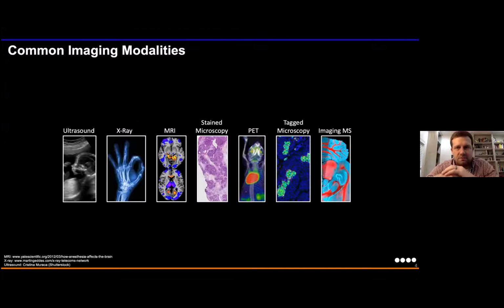And if we consider the general suite of imaging modalities available to us as scientists, these run the gamut from things like ultrasound, X-ray, MRI, things that you would encounter in your everyday clinician's office, when you go to a doctor's appointment for a normal checkup or a procedure, to things that may be in a clinical setting, but are a little bit more behind the scenes, things like stain microscopy that a pathologist might use or PET, to things that are, I would say, even more on the research side at this stage, things like tag microscopy and imaging mass spectrometry, which are certainly making their way more and more into the clinic, but are still a little bit more behind the scenes.